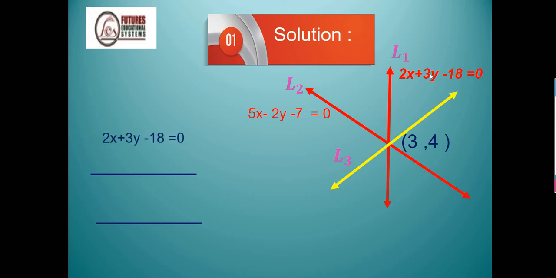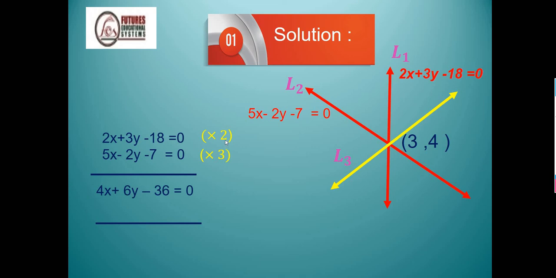From the beginning, we solve these two equations simultaneously to get the values of x and y. Solve the two equations of the straight lines L1 and L2 as simultaneous equations. Multiply the first one by 2 and multiply the second one by 3.